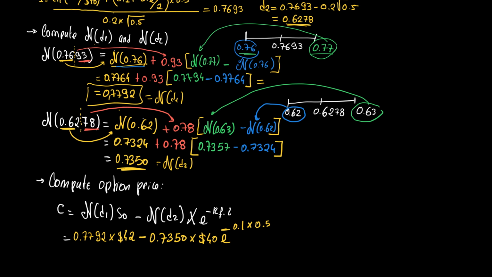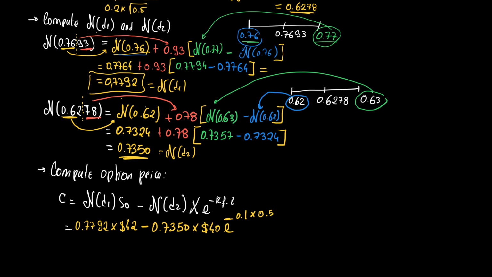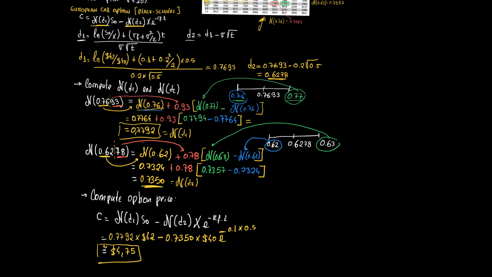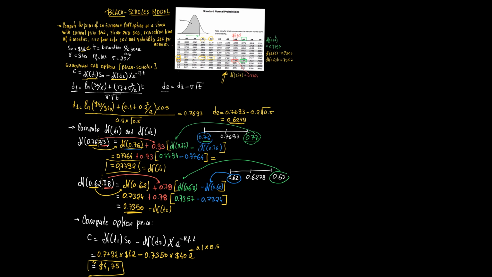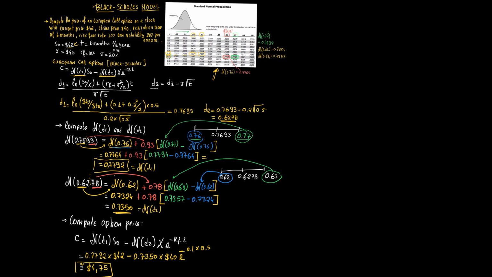So again, if you do the calculations, you will find out that the price of the option should be something close to $4.75. Okay. So this is how you would compute the Black-Scholes formula of a call option.